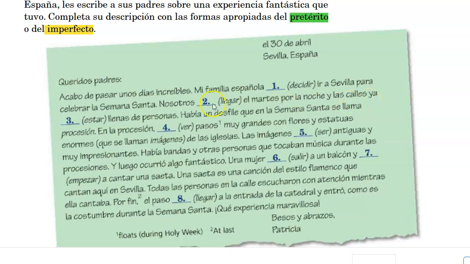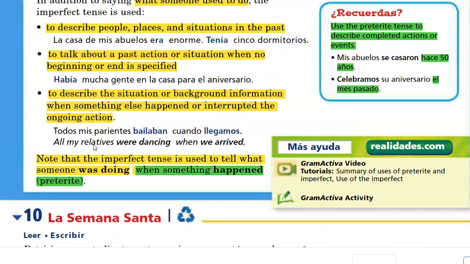And then here we're saying the streets were full of people. So we're describing what the streets were like. We're describing a place. Or you can make an argument, we're kind of describing the situation or background information. Either way, it's imperfect.